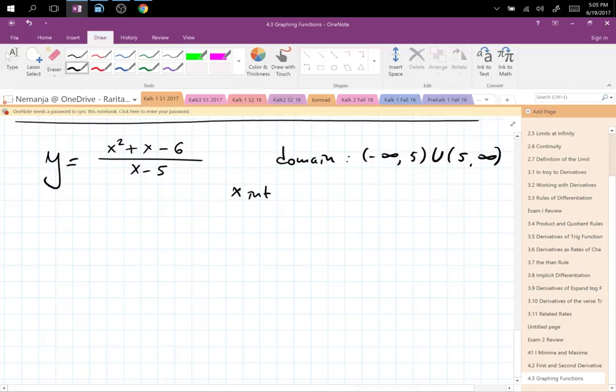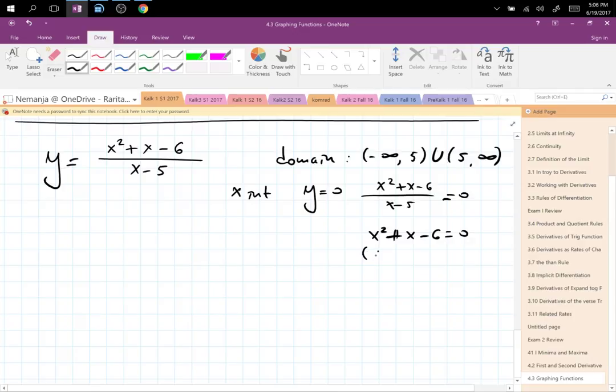The next order of business is x-intercept. Well, for x-intercept, set y equal to 0, which means x squared plus x minus 6 over x minus 5 equals 0. And when you cross multiply, you just have numerator equal to 0.